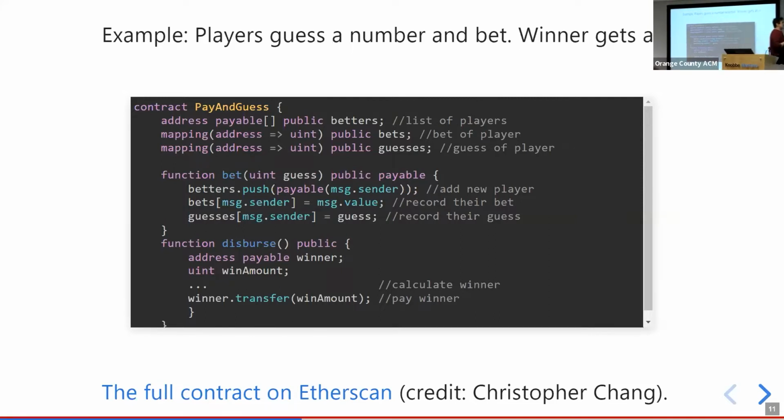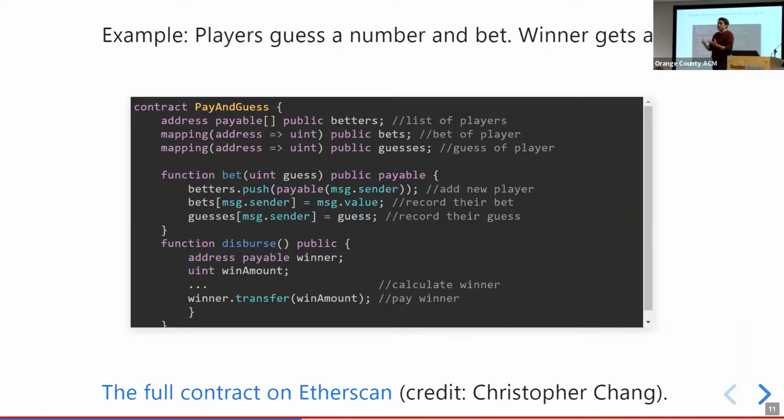This function is called bet, so you're betting some money, and you're also making a guess. You guess a number. It's a number guessing game. The first function pays some money and guesses the number, and the second function pays out this money.